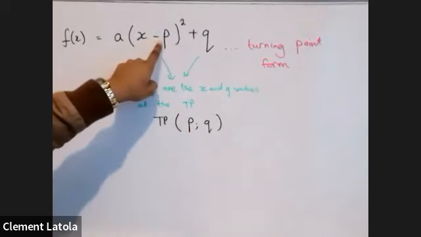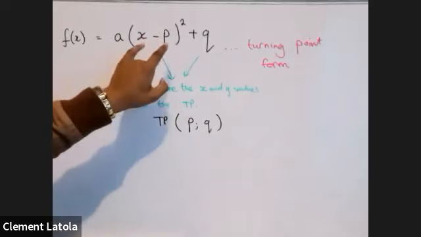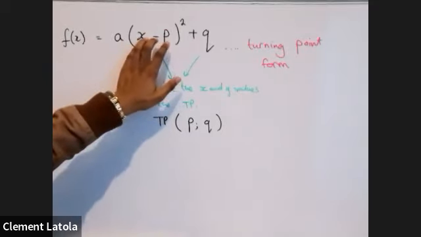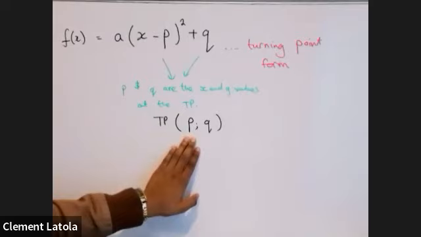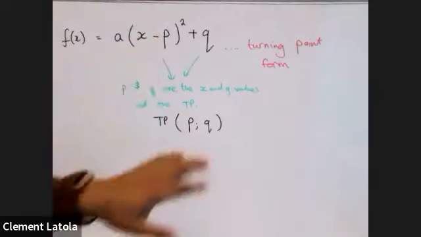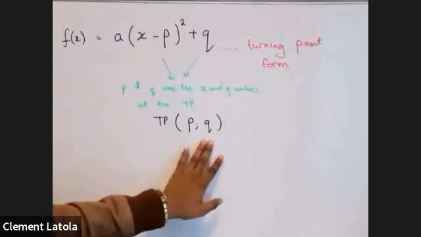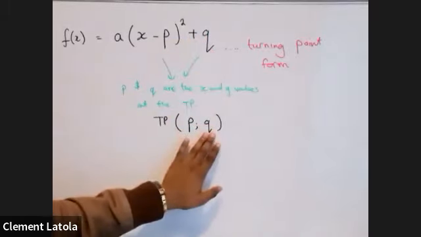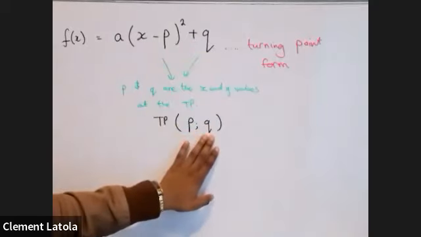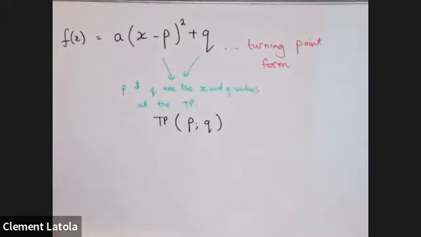So it's always opposite to what the bracket looks like. If that bracket is positive, P's value is going to be negative, because of that negative inside the bracket. Q's value will stay exactly the same. If Q is positive, the Y value here is also positive. If Q is negative, the Y value here is also negative.